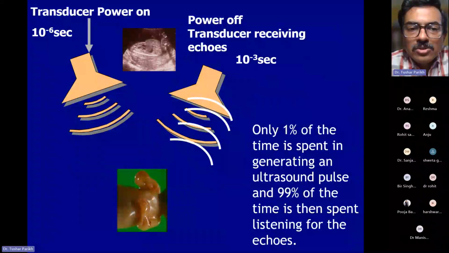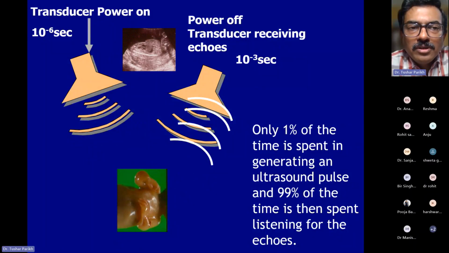Now the principle of ultrasound: there is a transducer which sends ultrasound waves, that is sound waves, inside the body within the tissues, and that happens for a duration of 10 raised to minus 6 seconds.